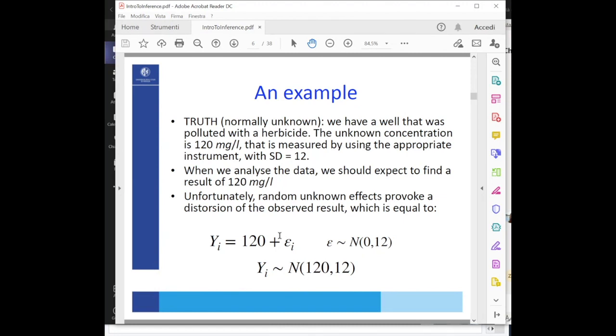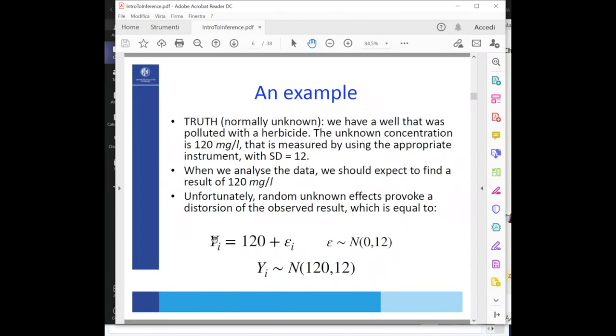That means that epsilon should be Gaussian distributed. That's the assumption we made, with a mean equal to 0 and a standard deviation equal to 12. So I wrote the expression like this.